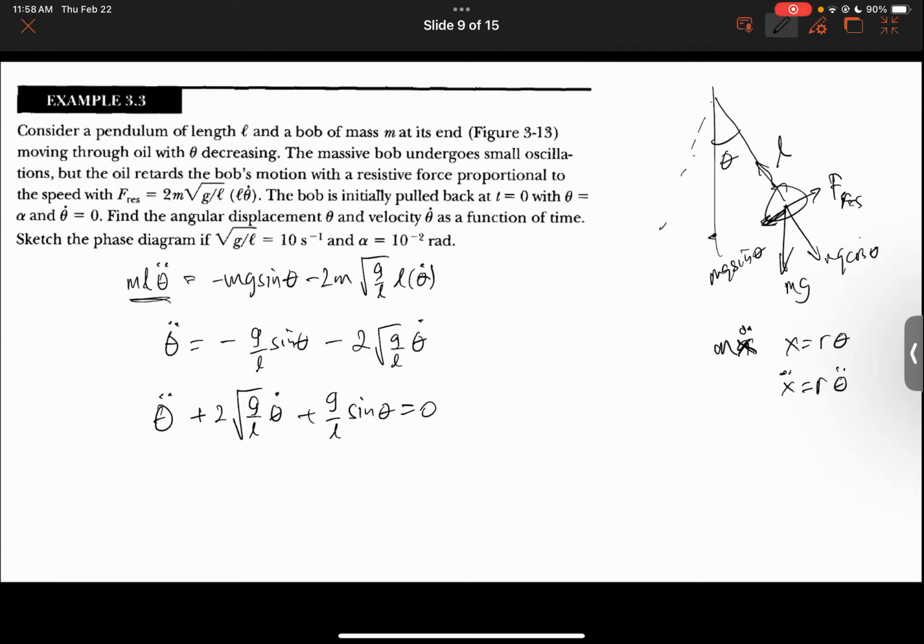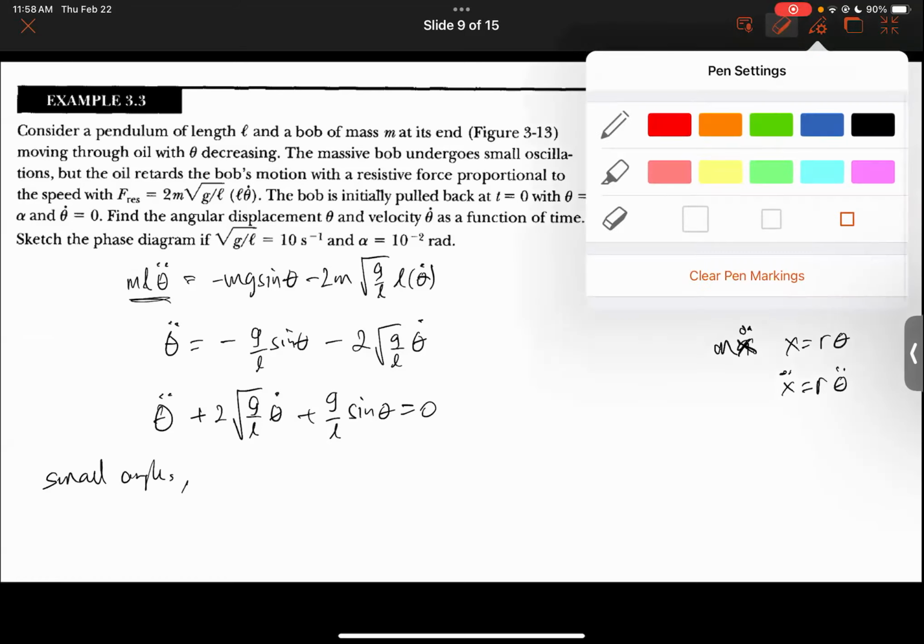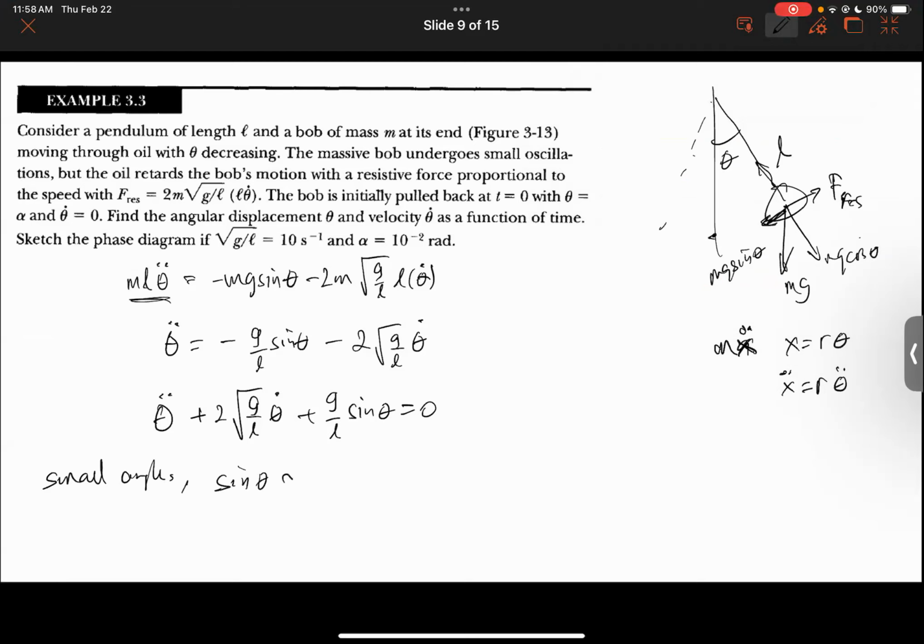Then we use the small angle approximation. So for small angles, sine theta is approximately equal to theta. So our equation then reduces to 2 square root of g over L theta dot plus g over L theta is equal to 0.